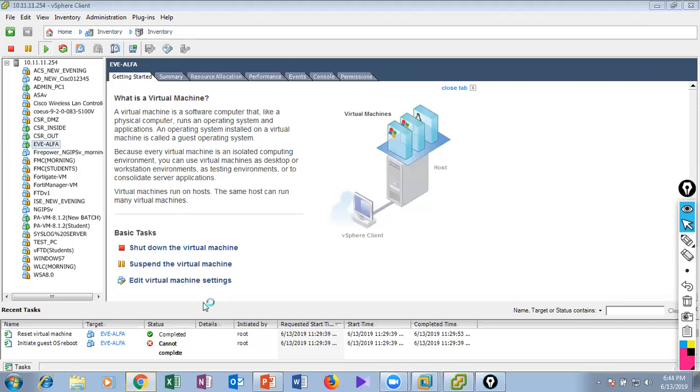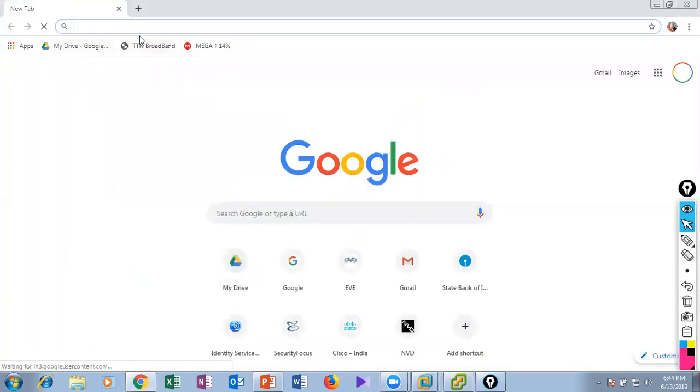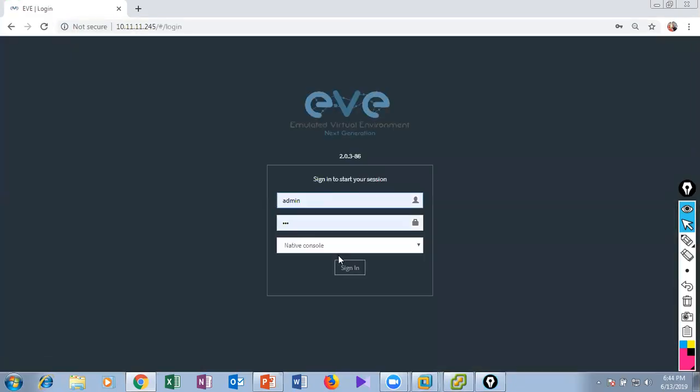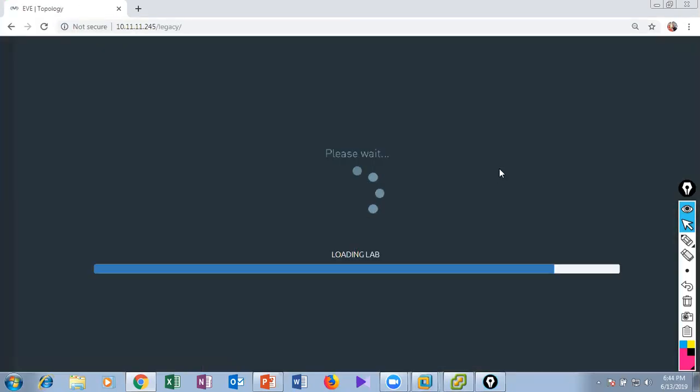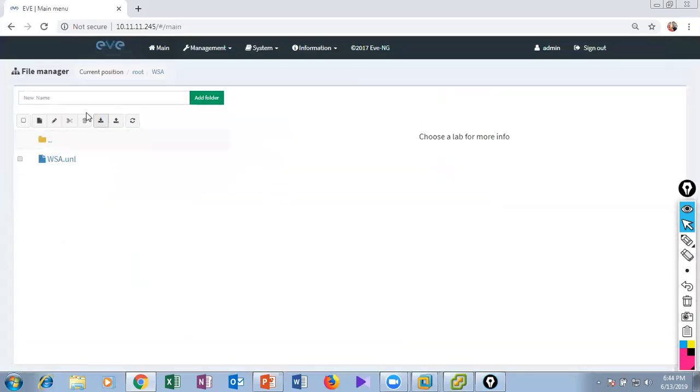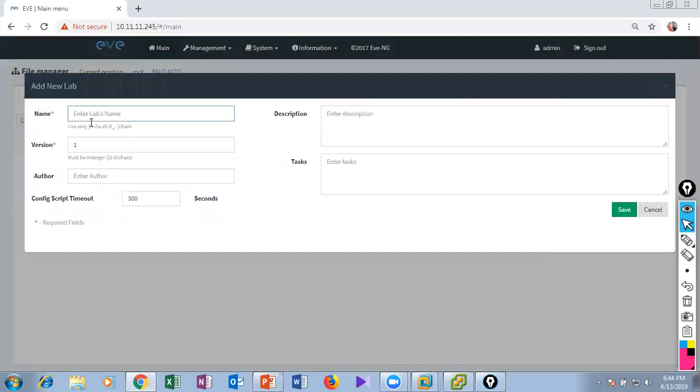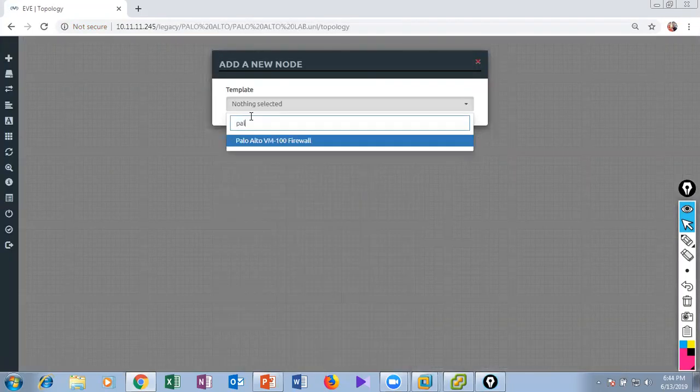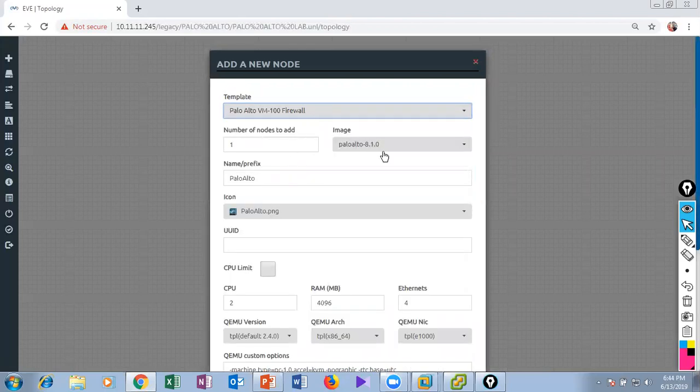I can see the Palo Alto image is there, 8.0.